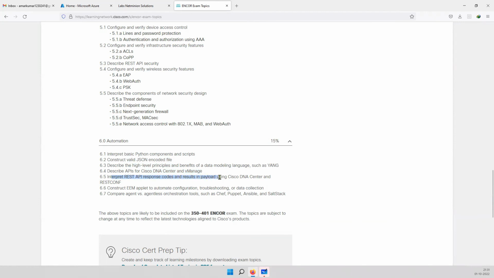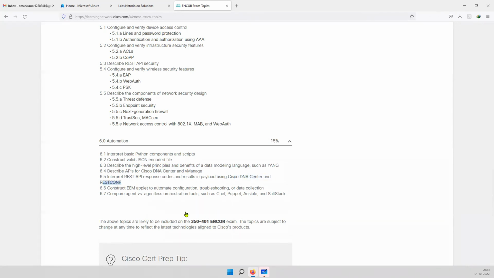Okay, so there are different response codes of REST API. So we'll discuss that. What is the successful response code and what is the failure response code? And here we are going to use Cisco DNA Center for REST API configuration.